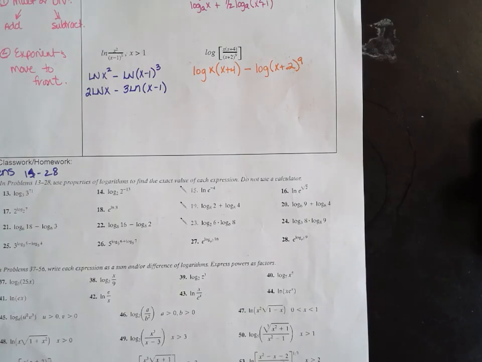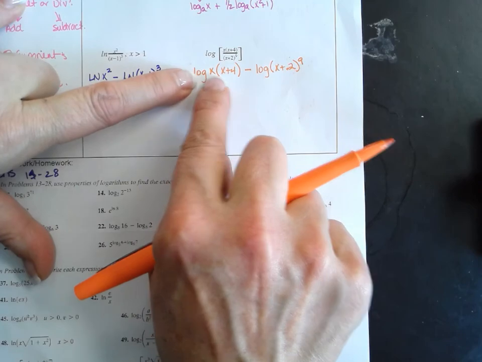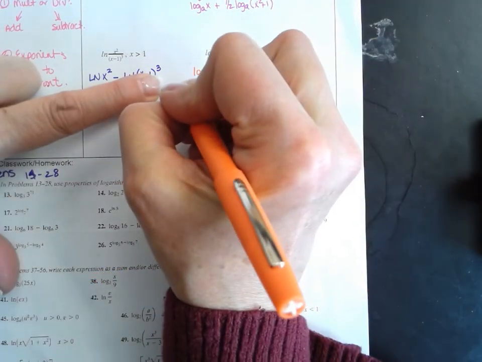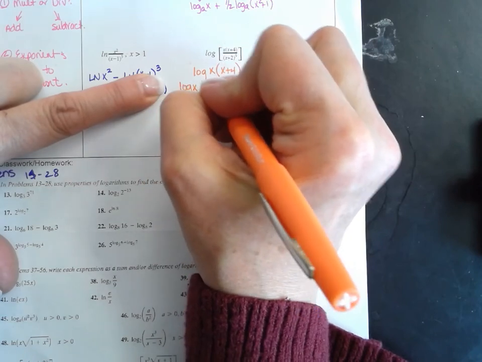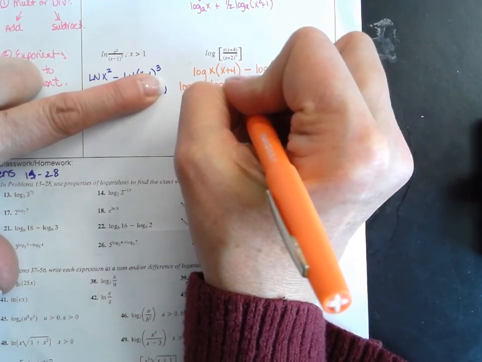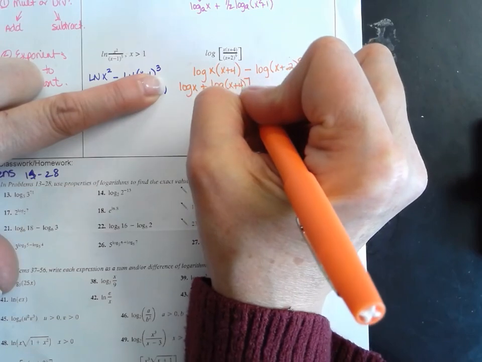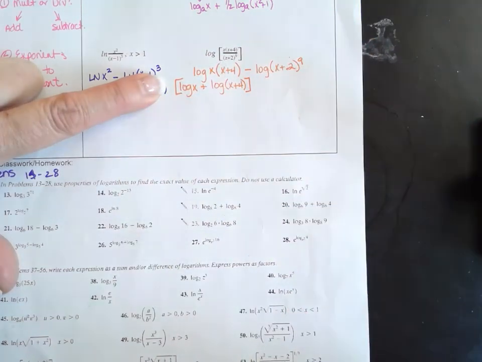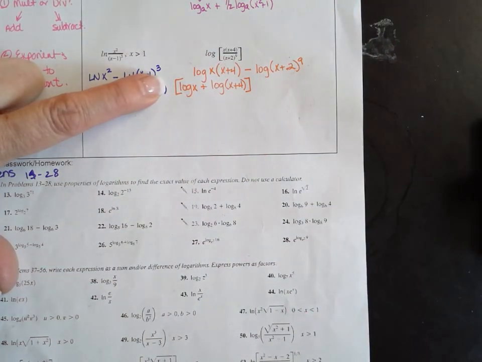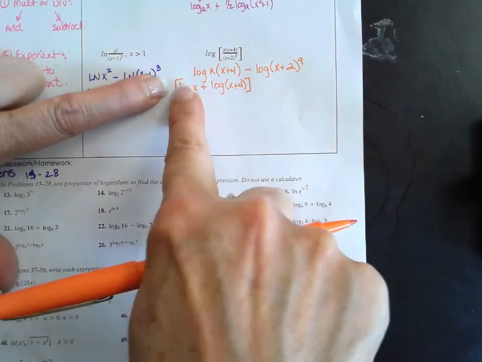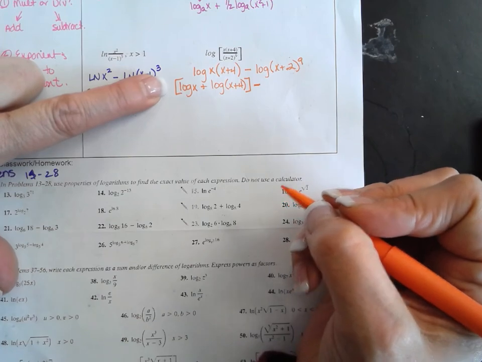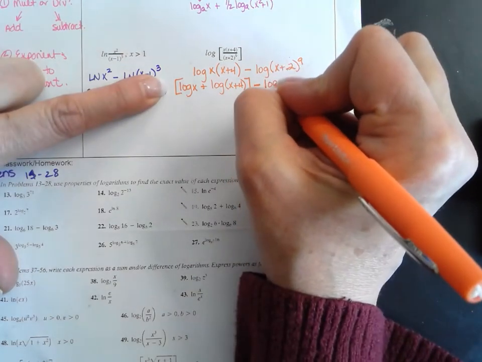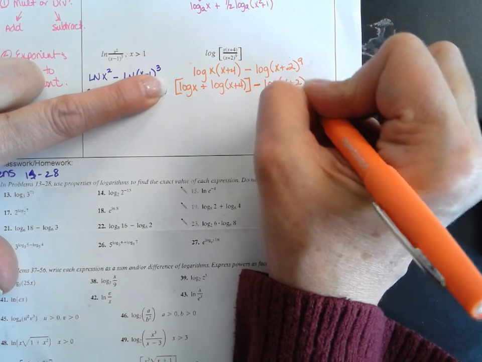Everybody with me so far? I'm with you. Awesome. Okay, now I got multiplication going on. So if I break that out, I'm going to have the log of x plus the log of x plus 4. Now, I'm going to put a little bracket around there just to remind myself that all of that would have to be divided by my log of the x plus 2 to the 9th.